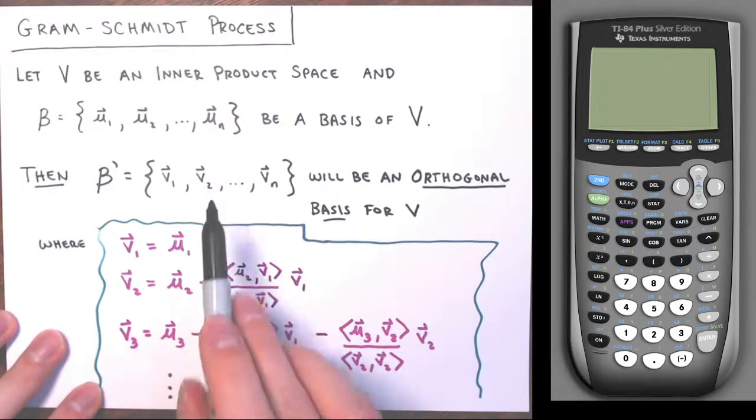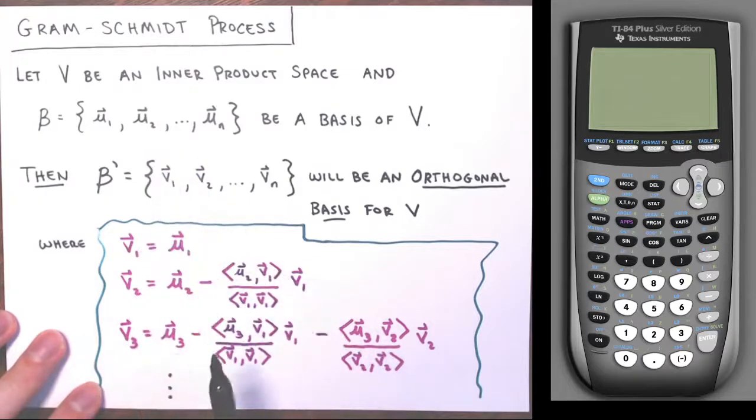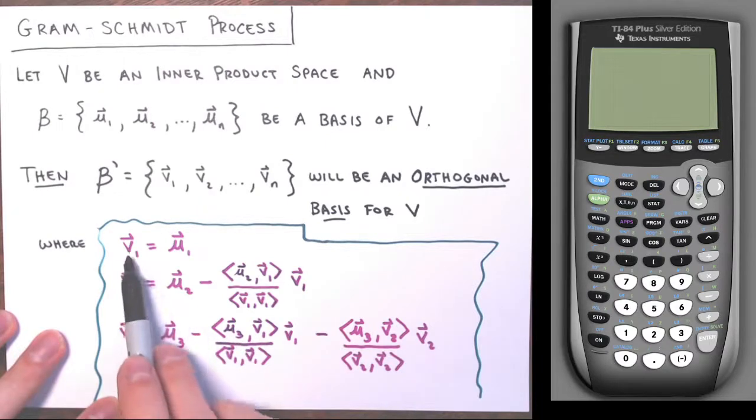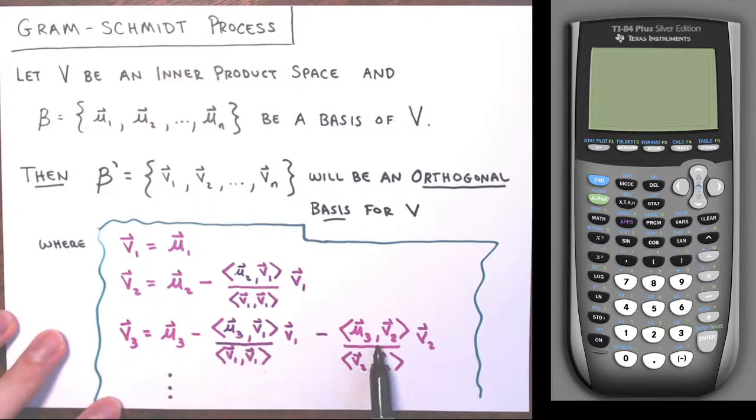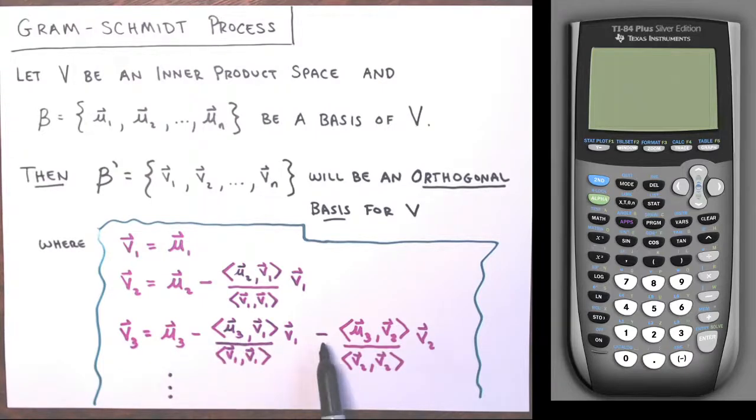Then v3 would be u3, the third vector from the original basis, minus the projection of u3 onto v1 minus the projection of u3 onto v2. Now notice it's v1 and v2, not u1 and u2.